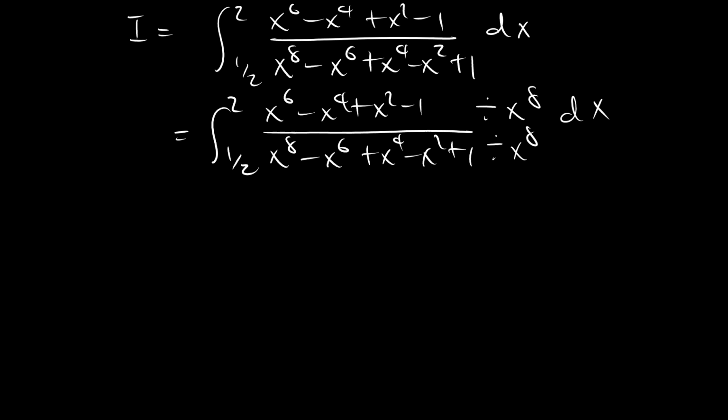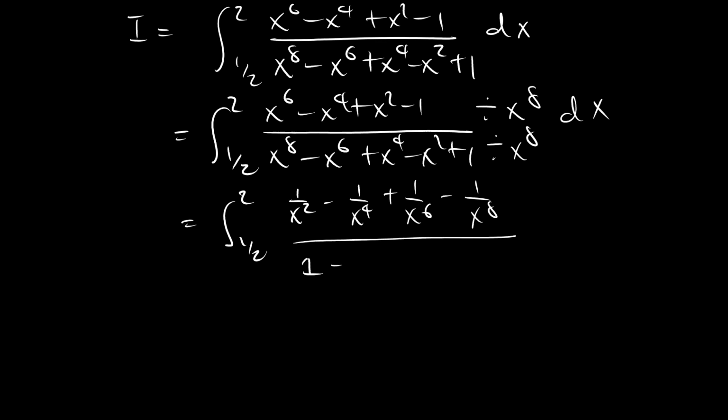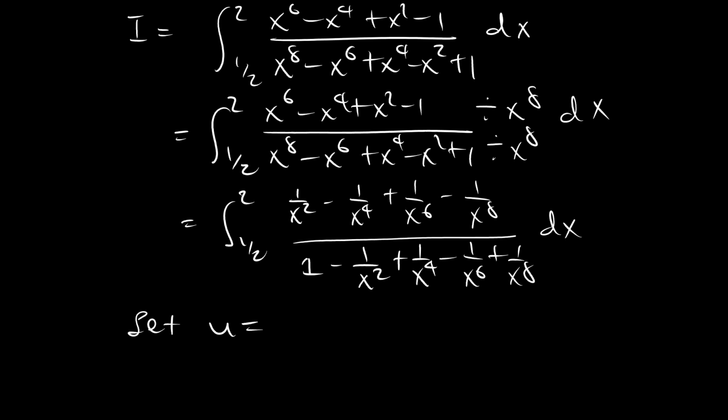It becomes, and this becomes 1 minus 1 over x squared plus 1 over x to the 4th. So, and then we say let u be equal to 1 over x.